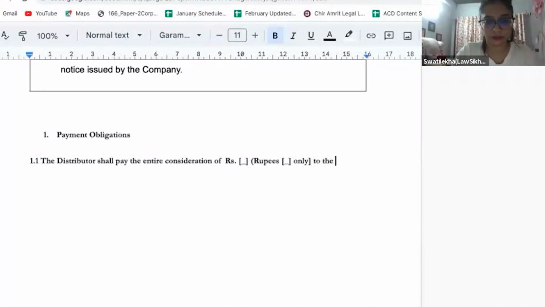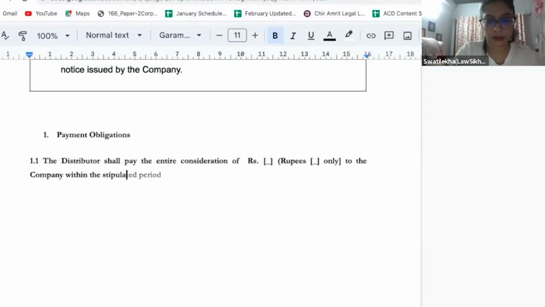To the Company within the stipulated period under this clause. Okay? First obligation is to pay the consideration, and by whom it is going to be paid: the Distributor shall pay 50%. Acha.